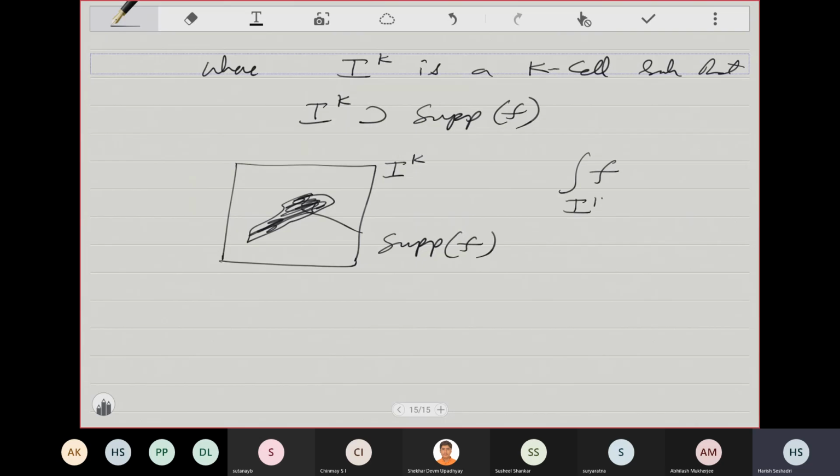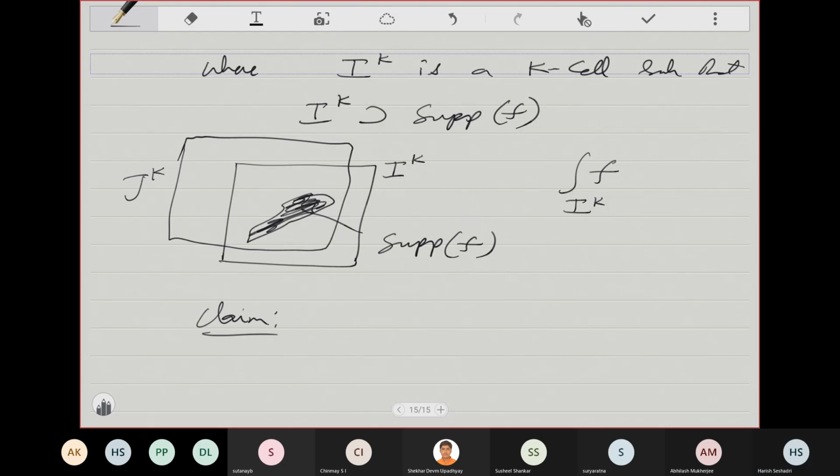Obviously, if I want to do this, the first thing is that there should be no choice involved. So I can put this compact set in a different k cell as well, Jk. So the claim is that the integral of f over Ik equals the integral of f over Jk. It doesn't matter which one you use.